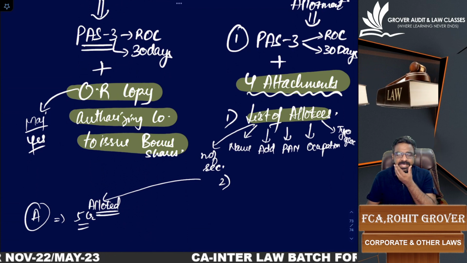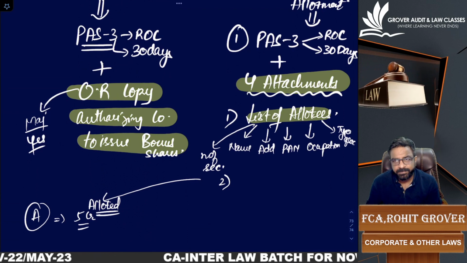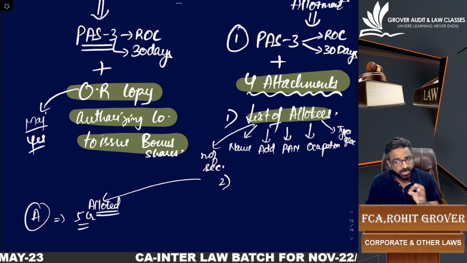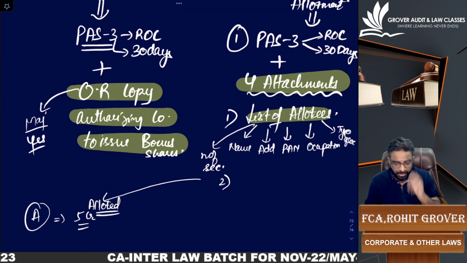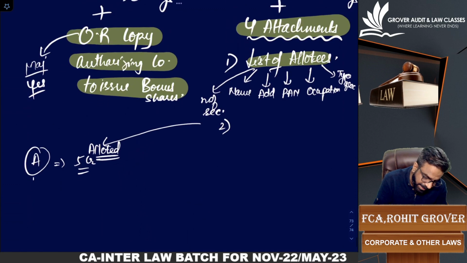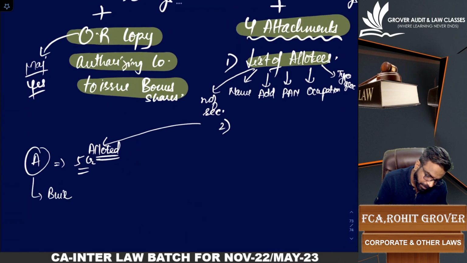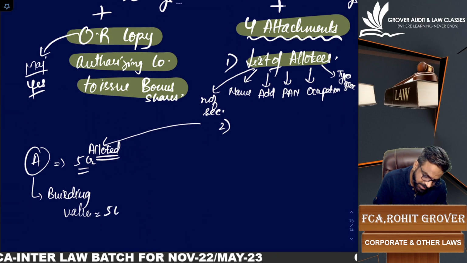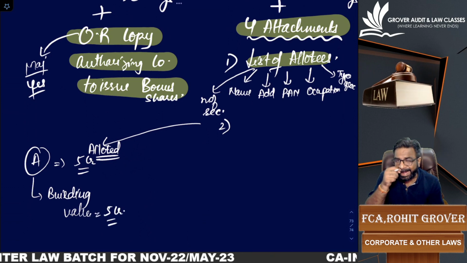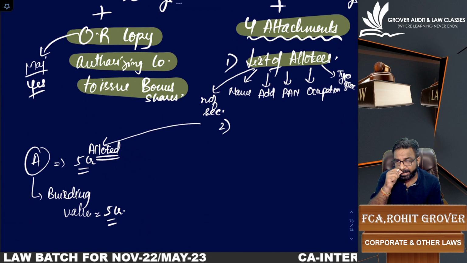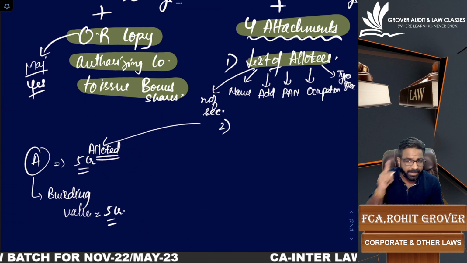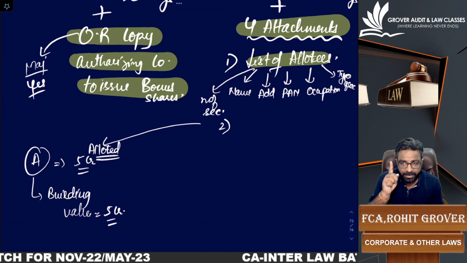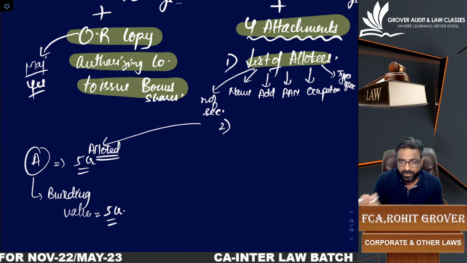But Mr. A says, I don't have 5 crores, and he does not want to lose this opportunity. But Mr. A has a building whose value is 5 crores.